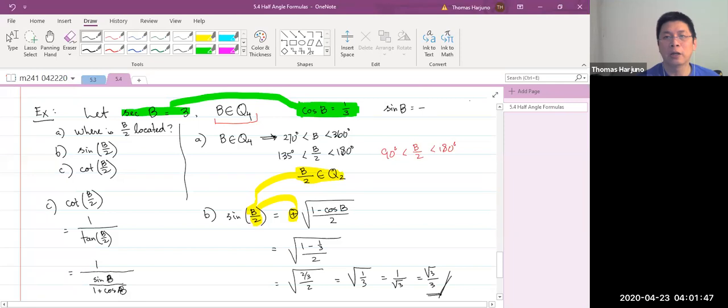Okay, now then, imagine the triangle, or if I were you, I would draw it. Cosine B hat, if let's say this is B hat, is 1/3, this is 1, this is 3. So this will be, by Pythagorean theorem, 2 square root of 2. So sine B hat will be 2 radical 2 over 3, and because B is in quadrant 4, that will be negative.